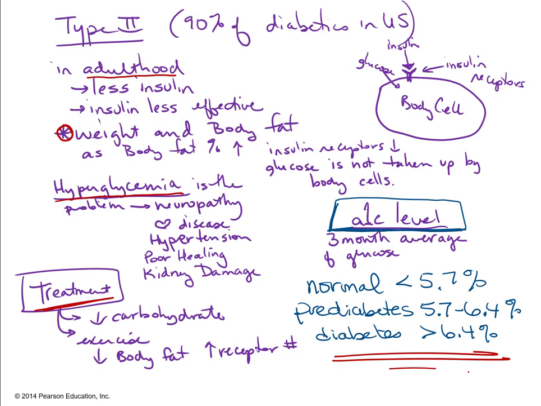Okay. So normal A1C, anything below 5.7. Most people are in the 4 and lower 5s. Most people are 4.5, 4.8, 5.2. Those are fine. Anything from 5.7 to 6.4, now they call that pre-diabetic, because that means you have had periods of hyperglycemia.